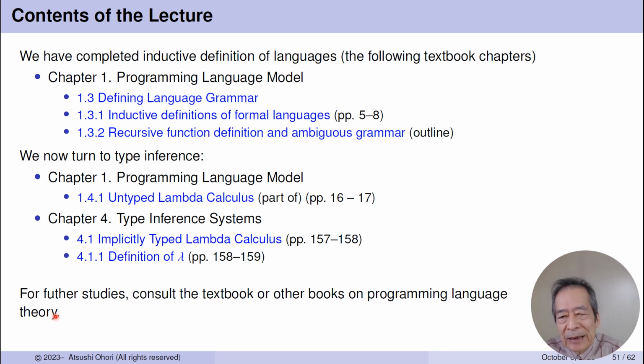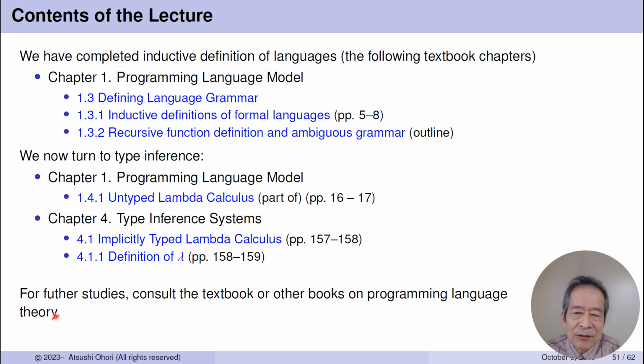However, as I stressed at the beginning of this lecture, I organized this lecture to be self-contained, so that I detailed each important definition, and also for major properties like theorems, like the completeness theorem for type inference, those important theorems, I showed the detailed proof, so that this lecture is self-contained.